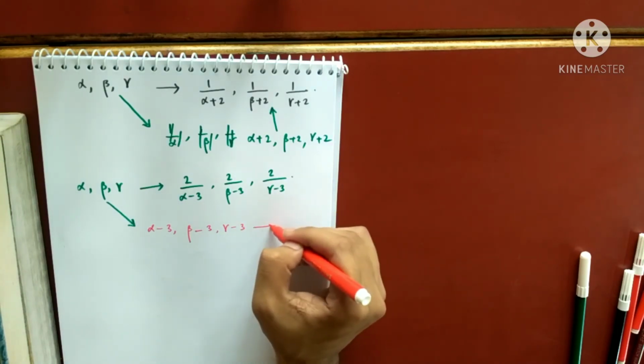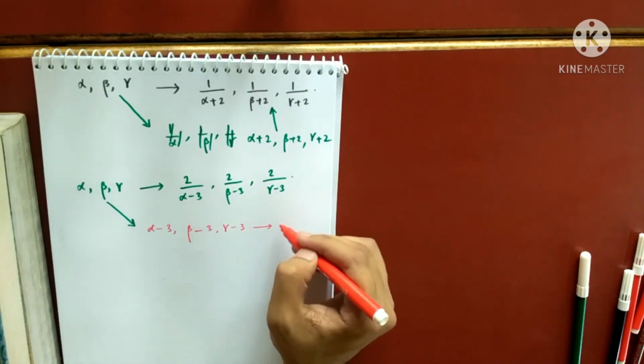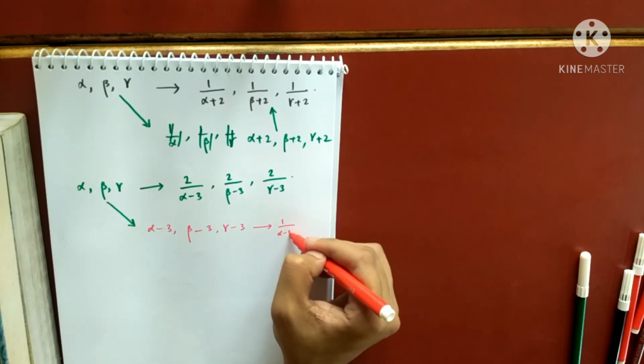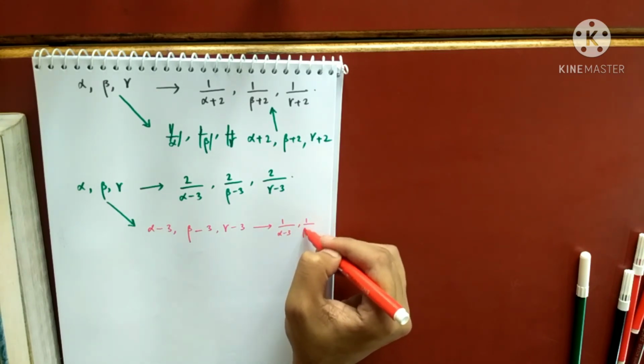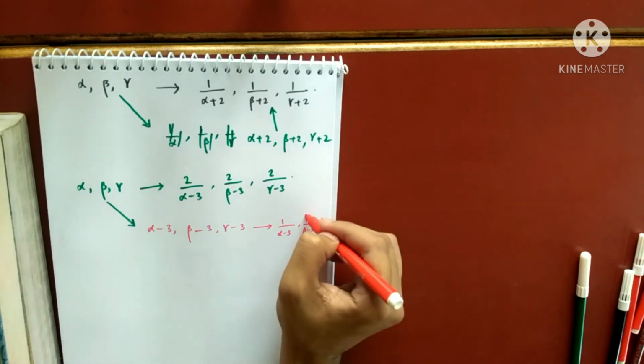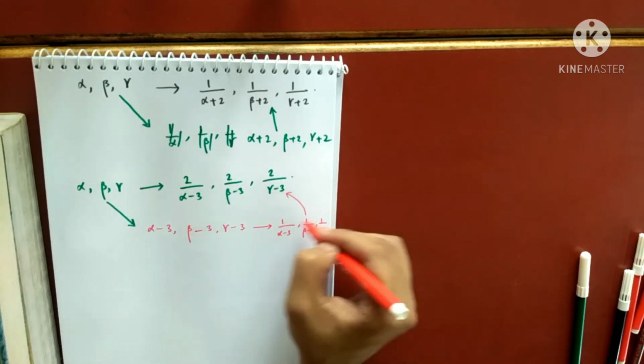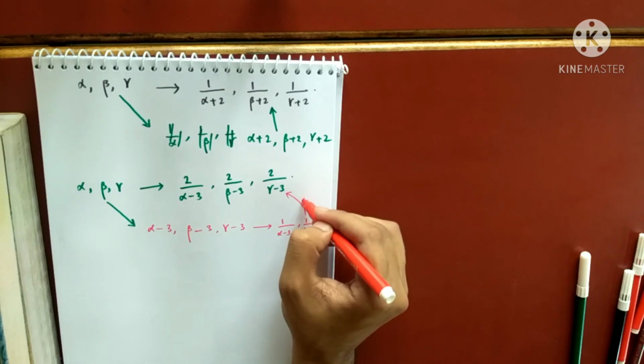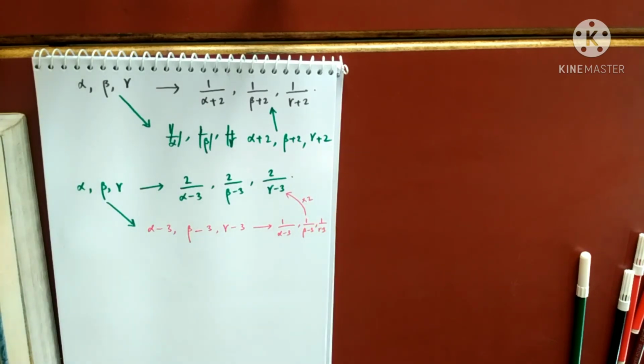After that, you find an equation whose roots are the reciprocals of this just by reversing the coefficients. And then I just have to multiply the roots by 2. So you know how to multiply the roots by 2? By multiplying the coefficients by 1, 2, 2 square, 2 cube and so on.